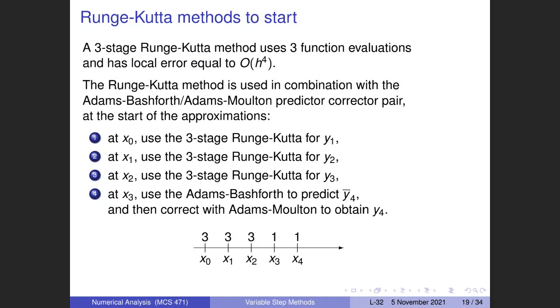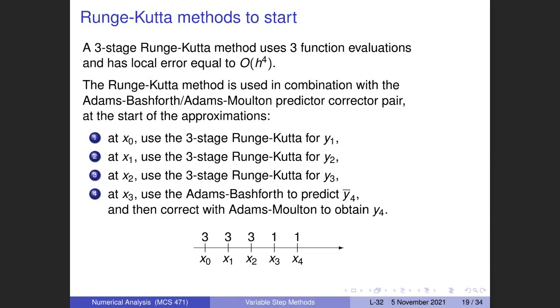If you have a 3-stage Runge-Kutta method, you use 3 function evaluations and you have a global error of h to the power 3. That's the most important thing that we know from Runge-Kutta methods. The Runge-Kutta method of 3 stages is used to start up the Adams-Bashforth Adams-Moulton.